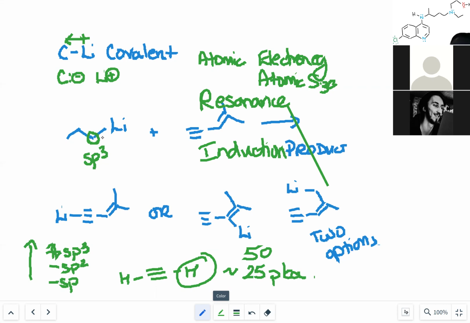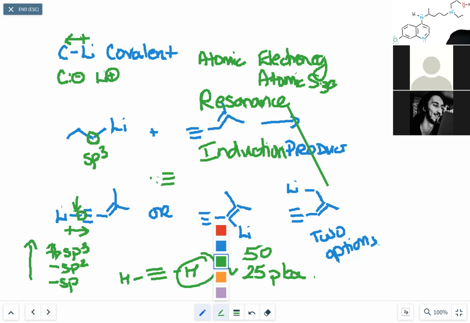So what we're doing is looking for protons on this molecule which are in a different type of hybrid orbital. Rather than drawing it as carbon with a minus, all I've done here is draw the covalent bond. It's still polarized in this direction, so it is still technically carbon with a minus, but the lithium is still attached because the carbon-lithium bond is covalent. Out of these three, let's change the color of my ink.